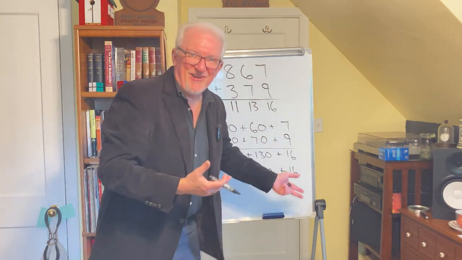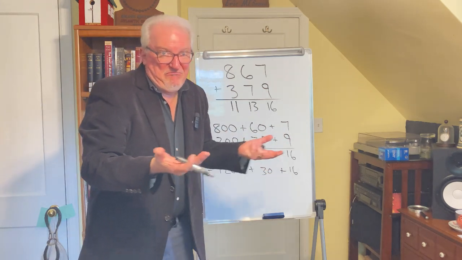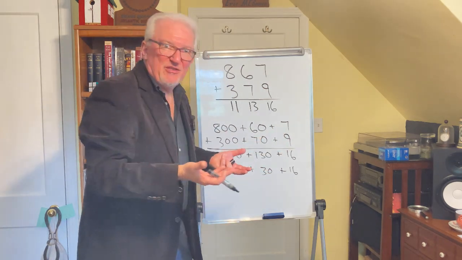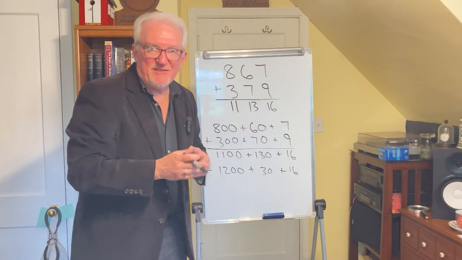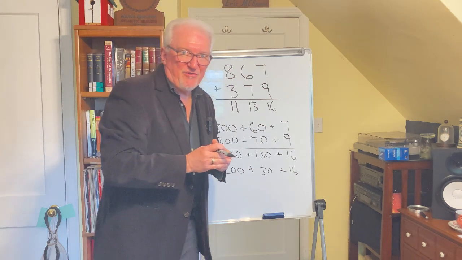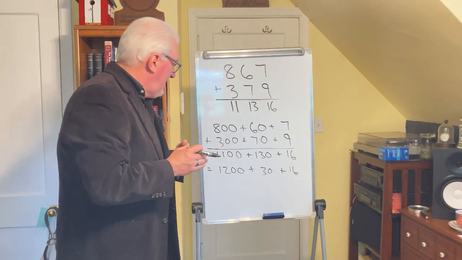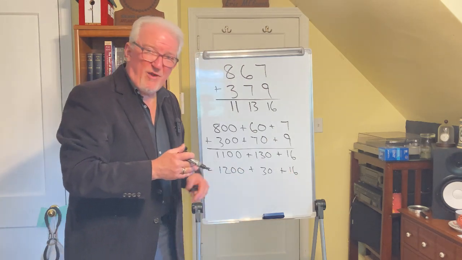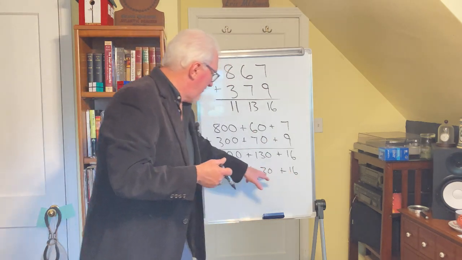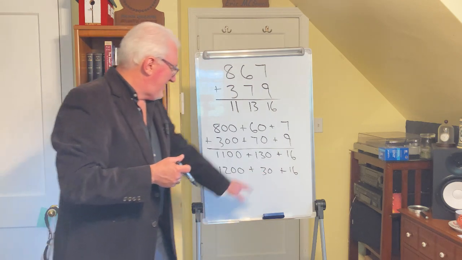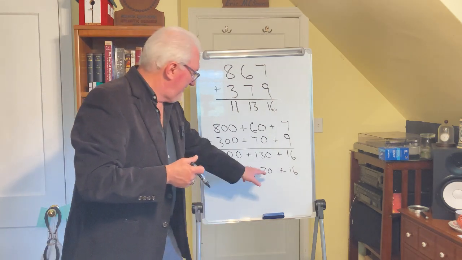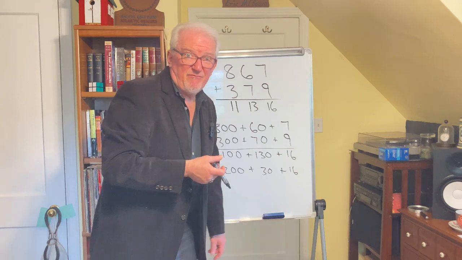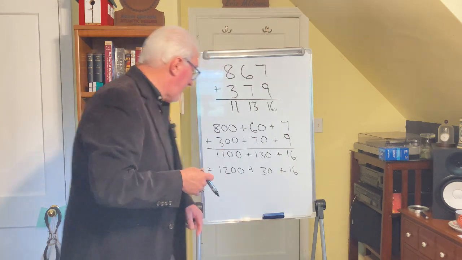Of course, in the ones column, we don't ever want a digit that is larger than 9. At least society doesn't want a digit any larger than 9 in the ones column. And so we'll take the extra 10, right? There's 16 ones. We'll take that extra 10 and we'll add it to the tens over here. So instead of 30, we'll have 30 plus 10 is 40.